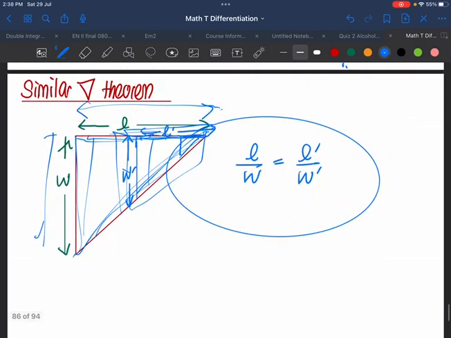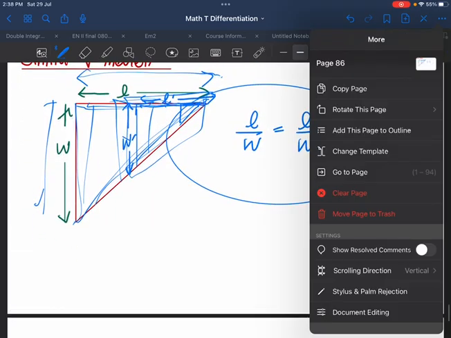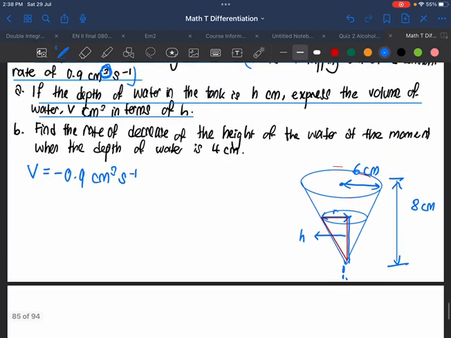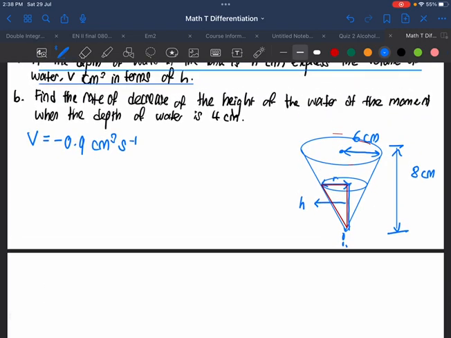So how are we going to solve this? Let me delete this here. We already have the 8 and 6, and it's very easy. We apply the similar triangle theorem. I want to deal with these two triangles, so I will draw out the orange triangle.